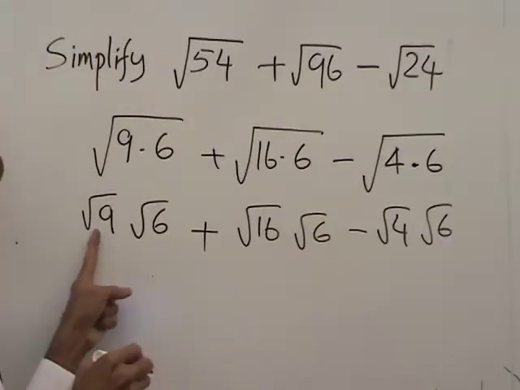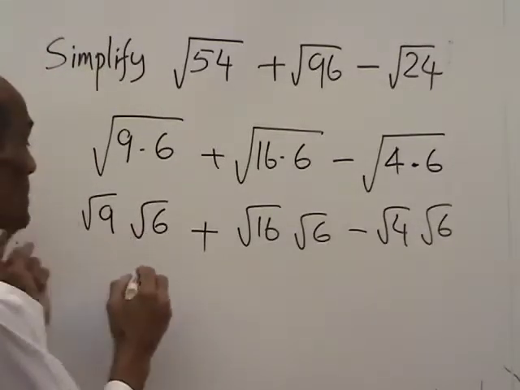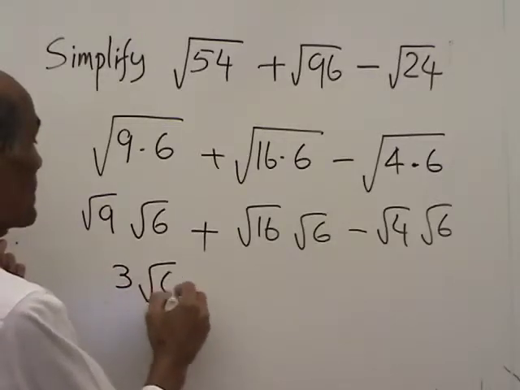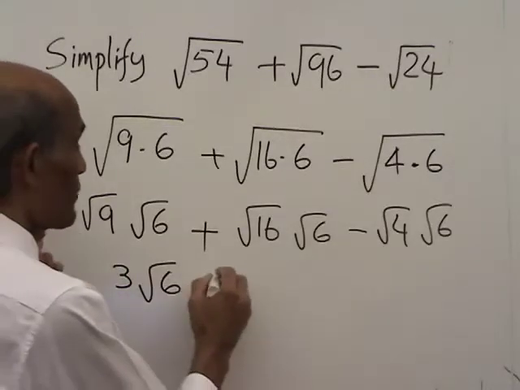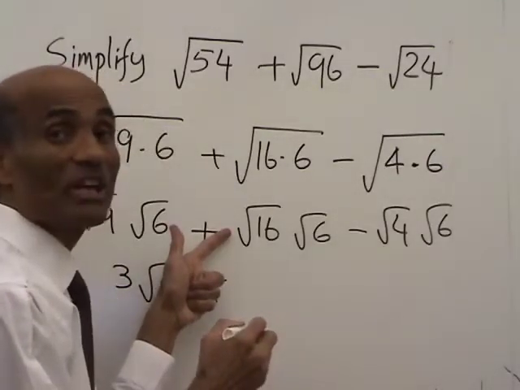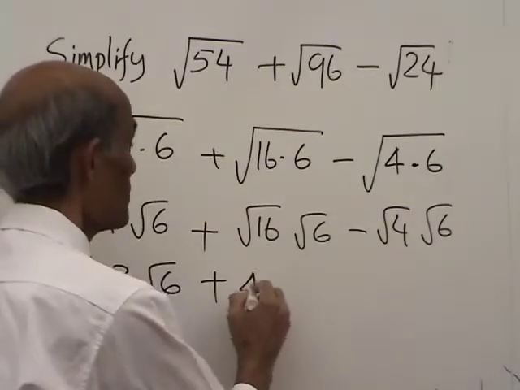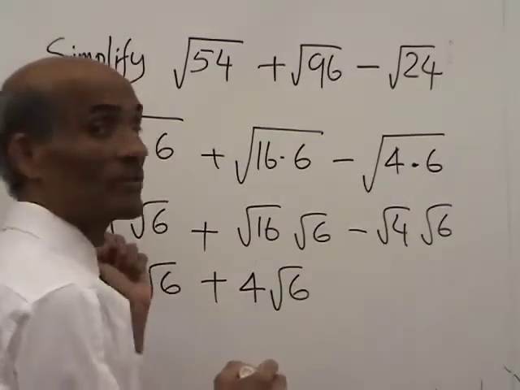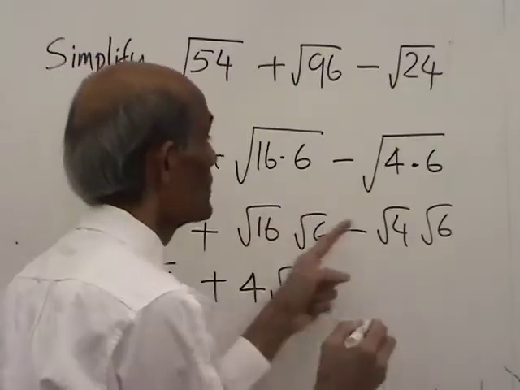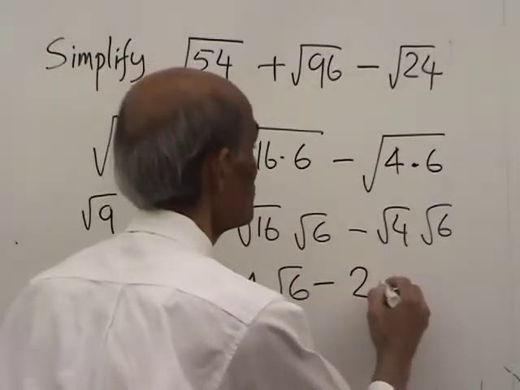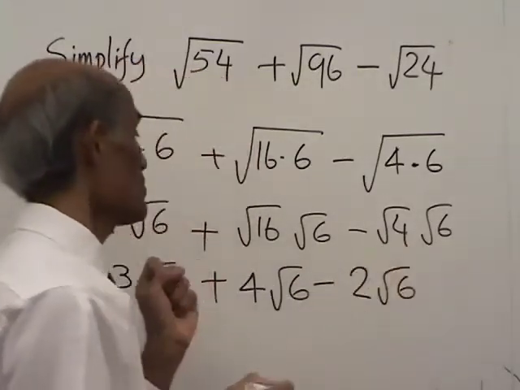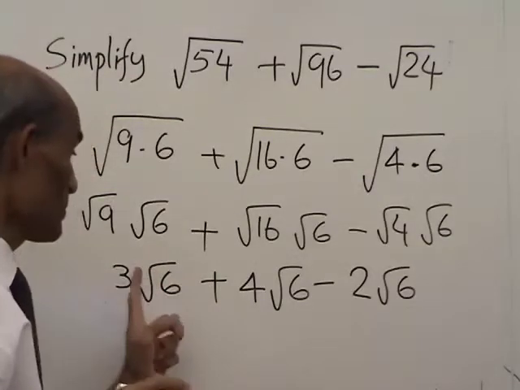Now, square root 9 is 3, so this will be 3 square root 6 plus square root 16 is 4, that will be 4 square root 6 minus square root 4 is 2, that will be 2 square root 6. Now, look at this.